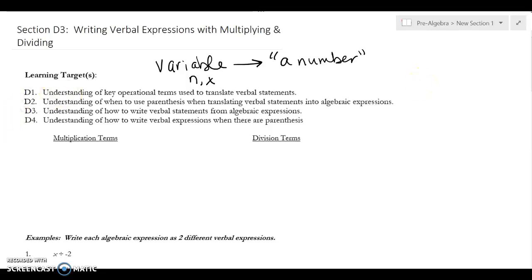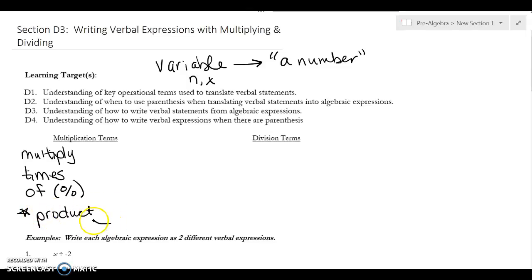So multiplication terms, some of the words are multiply, times. Earlier in the year we used the word of, but of only works when I find percent. So the percent of something, that tells me to multiply. Another multiplication word, and this is one of our star words, is product.